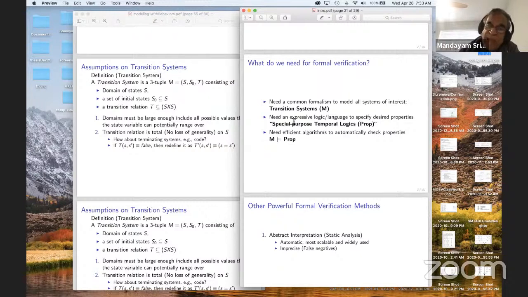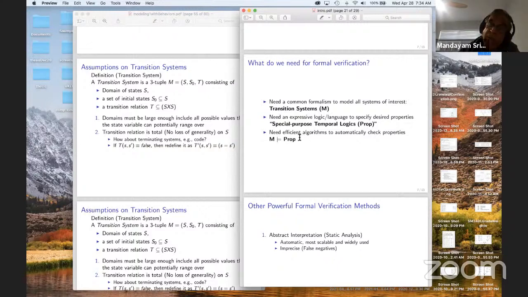For that, we will be using either specialized logic that can talk about the kind of properties that we want to verify, or special purpose automata that is able to express constraints on the behavior.